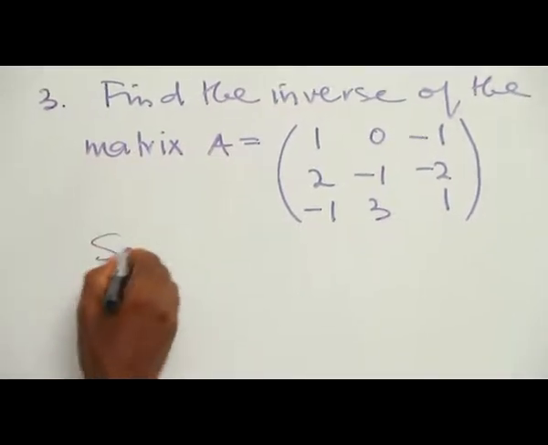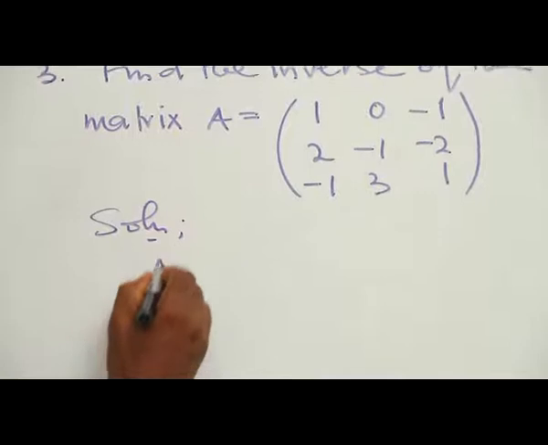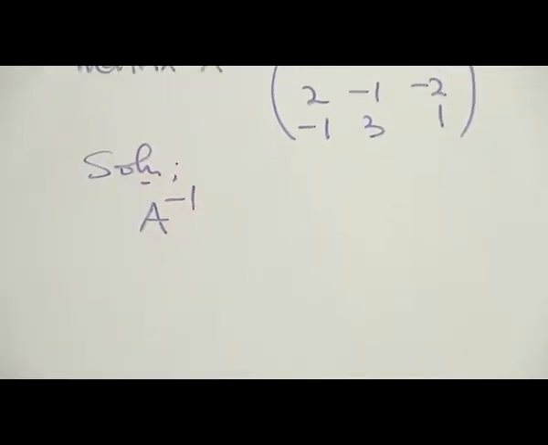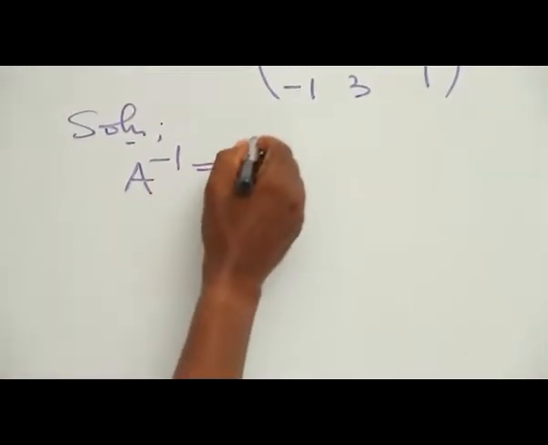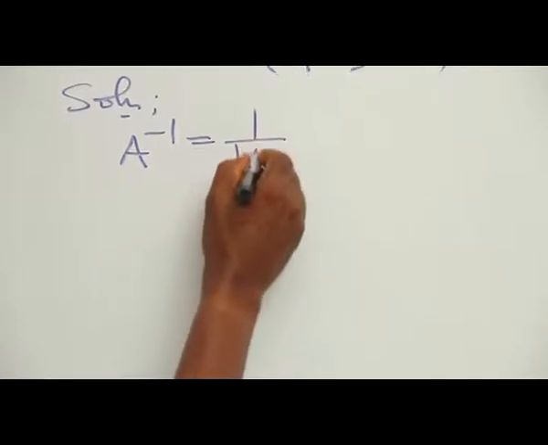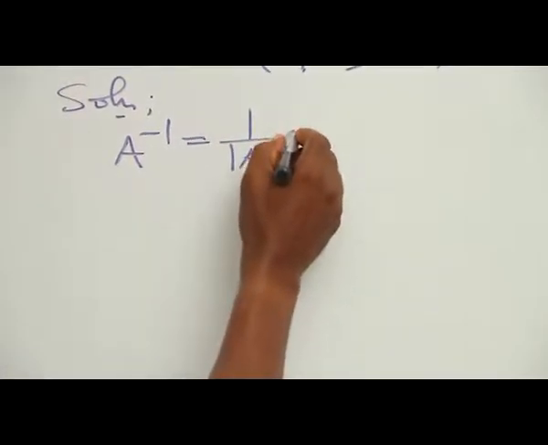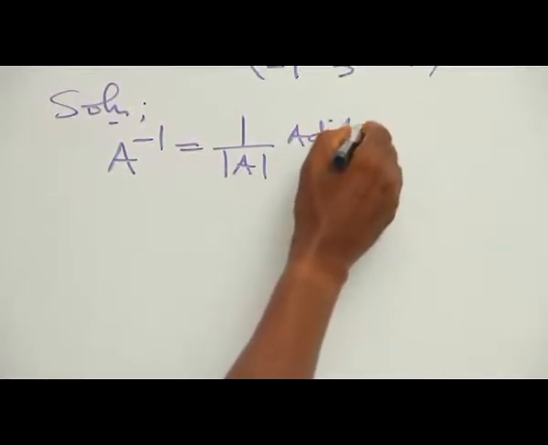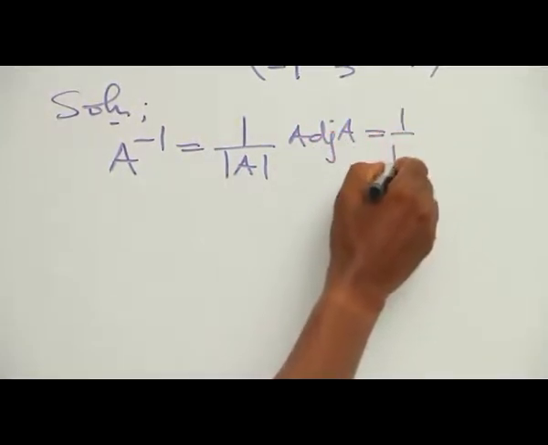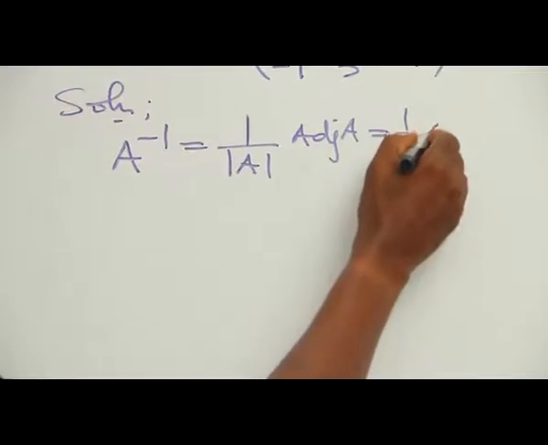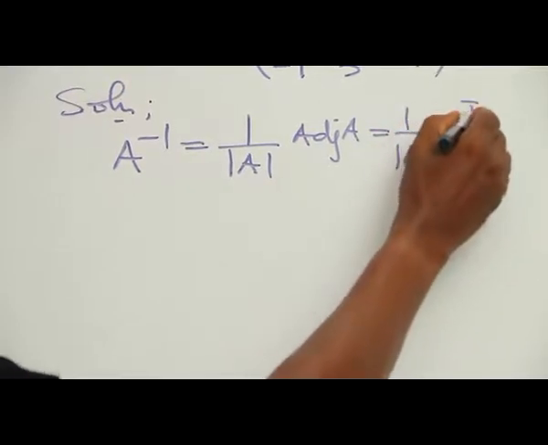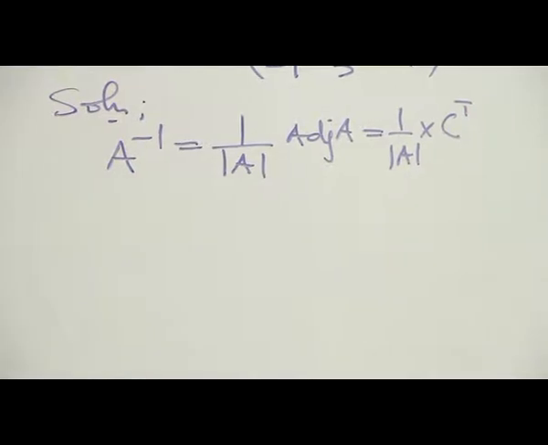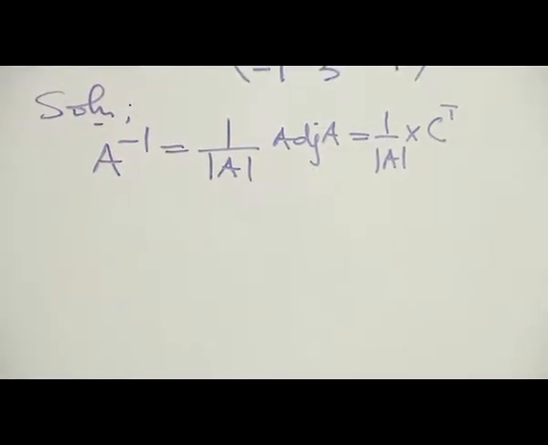We know that the inverse of the matrix A is equal to 1 over the determinant of A times the adjoint of A, or 1 over the determinant of A times the C transpose. They are the same.